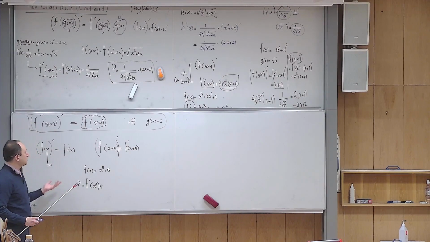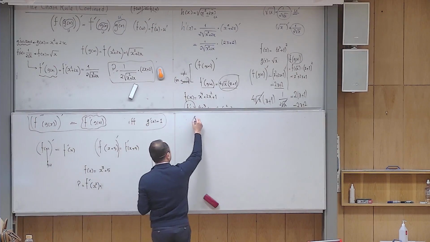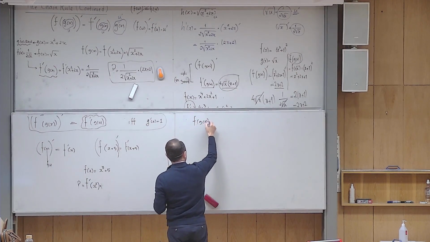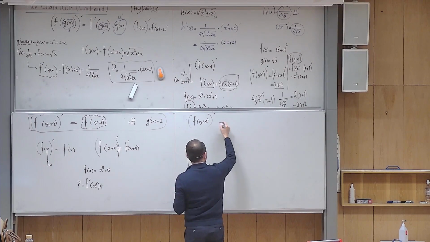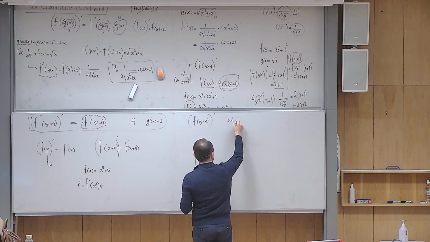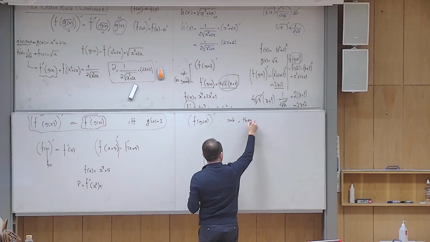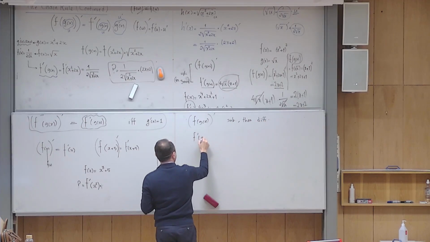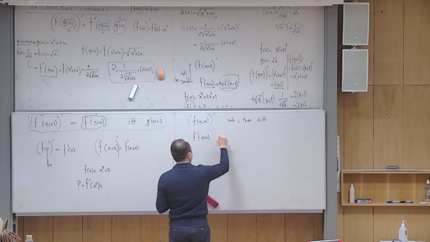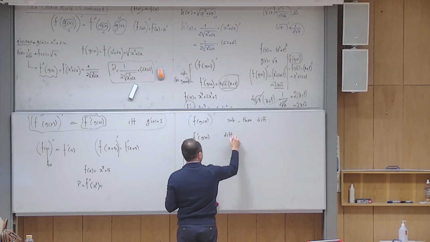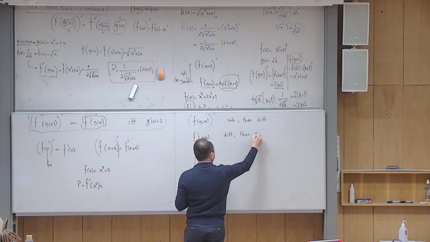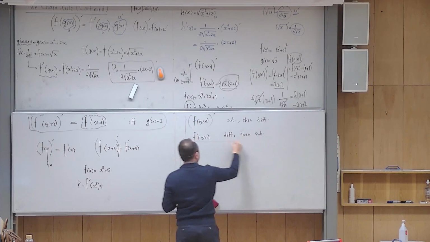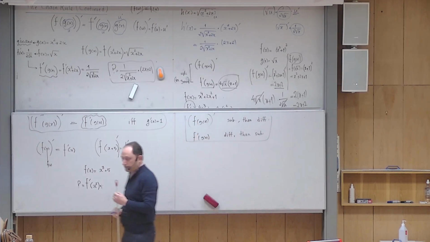So remember, when you write f of g of x and then prime, this means substitution first, then differentiation. When you see f prime of g of x, it means differentiation, then substitution. Something like this you can write in your notebook so that you don't forget.